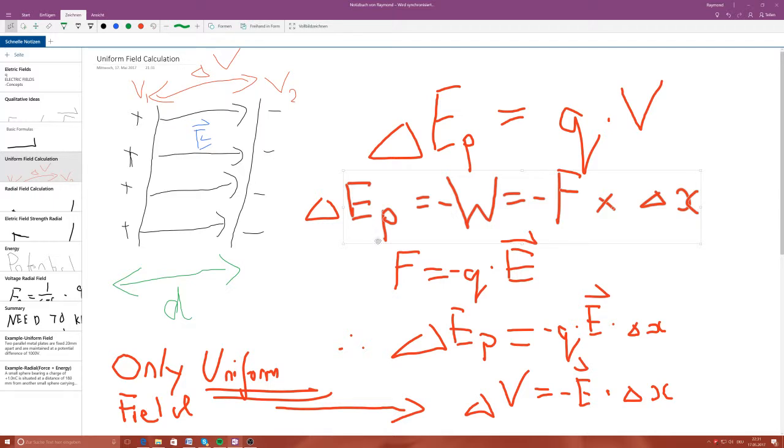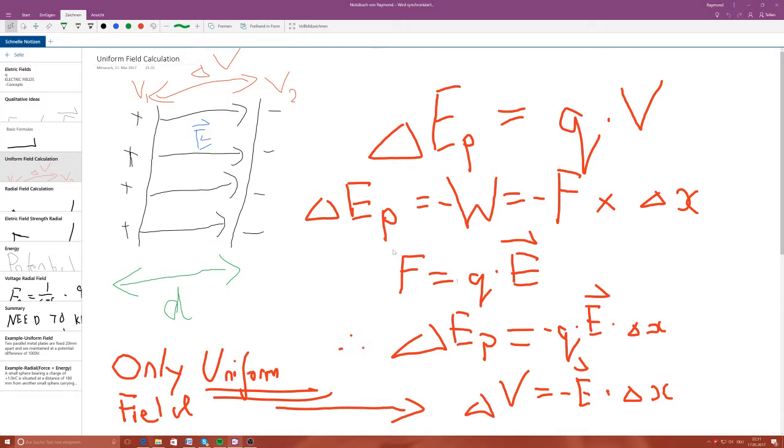Then we grab back to our key equation, which is F equals QE. Shouldn't be a minus there, my bad, I'll just quickly delete that. Shouldn't be a minus, so F equals QE.